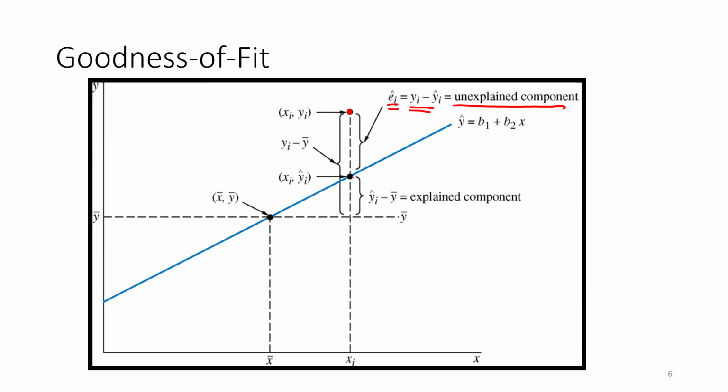And since we estimate this line, y hat minus y bar is called the explained component. Together, I call it total variation, y minus y bar.